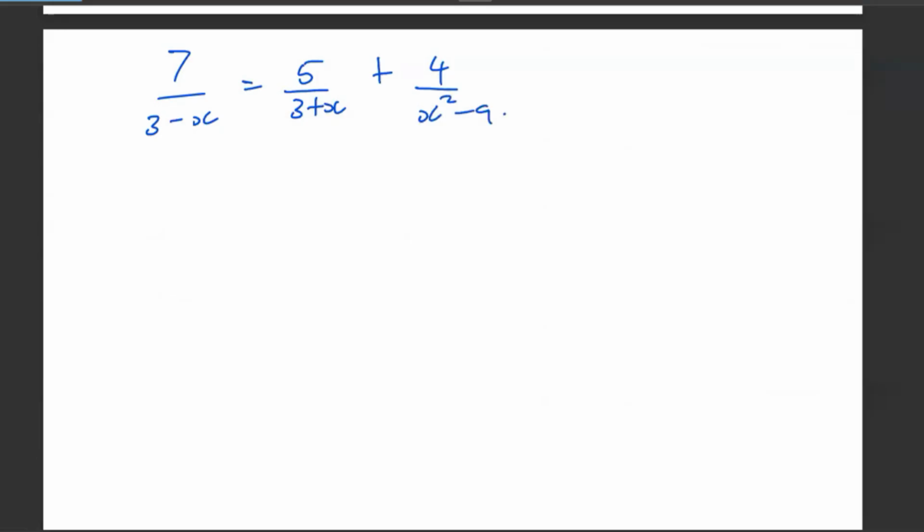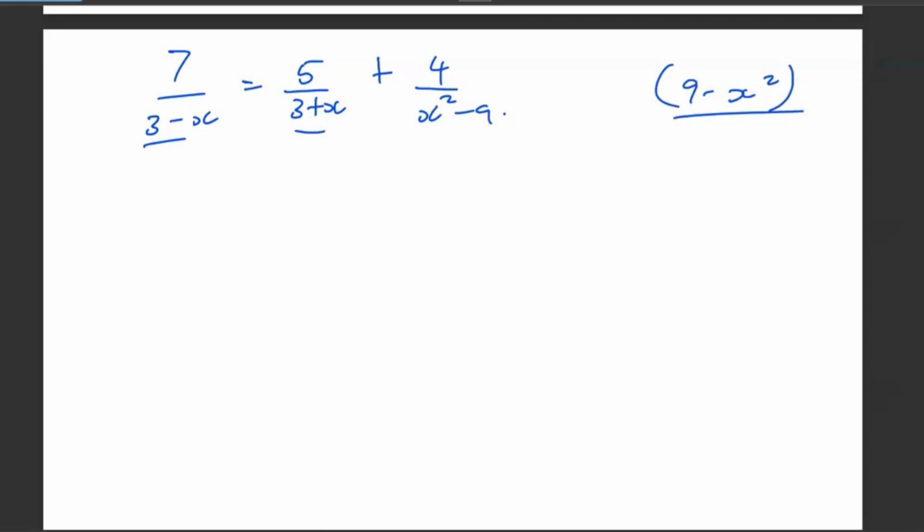Okay, question is, what do you see? We're seeing a 3 minus x, we're seeing 3 plus x. We know that these are usual factors of a number that is 9 minus x squared, something like that, okay?